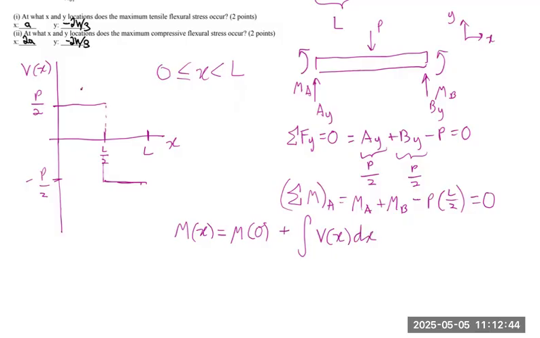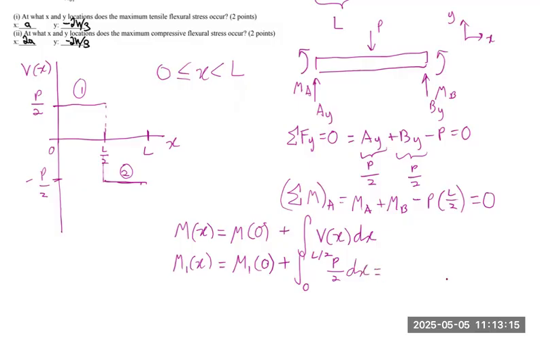So we have two segments over here, called this segment 1 and this one segment 2. So M1(x) will be equal to M10 plus the integral from 0 to L over 2 of the equation for V(x) in this segment, which is simply P over 2, dx.